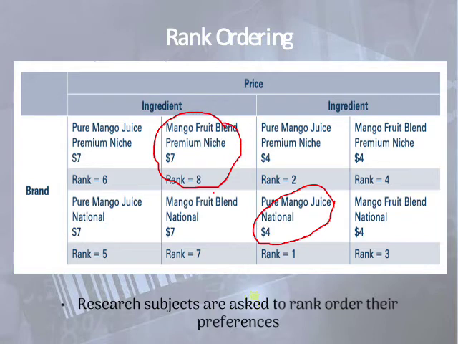Naa siya sa rank 8. So actually what you're going to ask your participants to do is to rank all these attribute combinations so that you can come up with the final attributes, characteristics, or benefits of your product nga imong i-offer sa market.